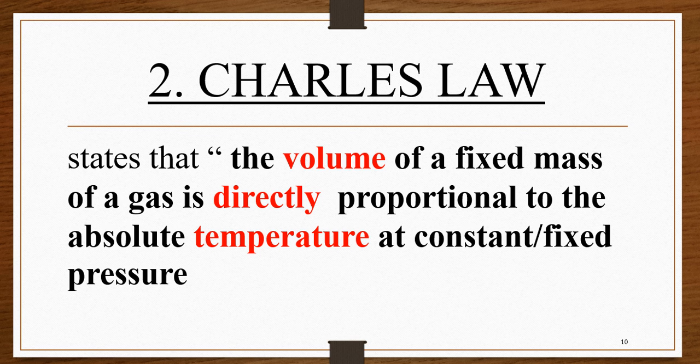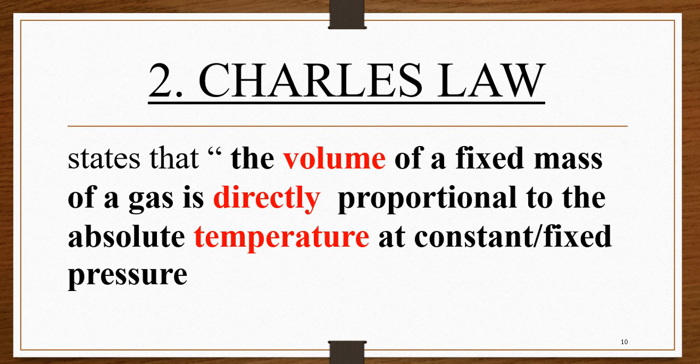But how are we comparing them? When we are handling Charles' law, we are saying that volume and temperature are directly proportional. What do we mean by that? We mean that when the volume of that fixed mass of a gas increases, the temperature, not just any temperature, the absolute temperature, will also increase.